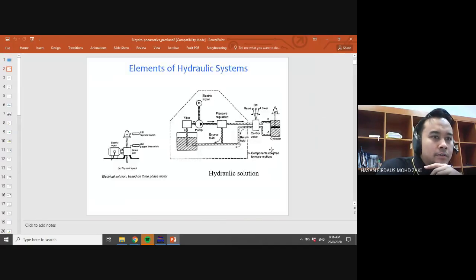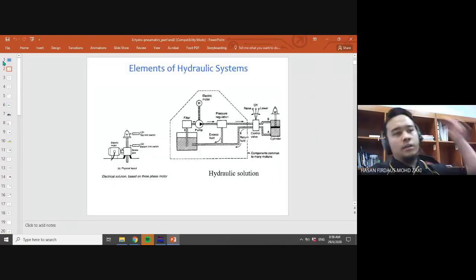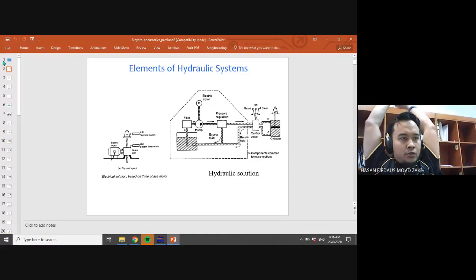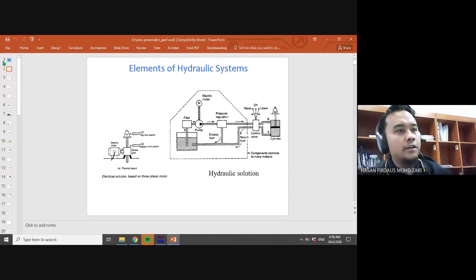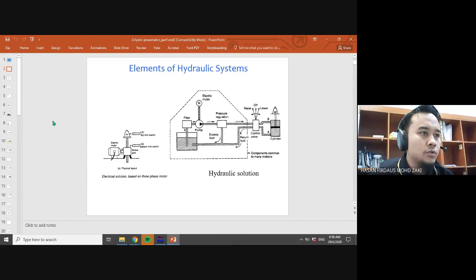All right. So this is the element that you can see in the pneumatic system. Basically, for the electrical, you have the motor as the actuator to control an output.